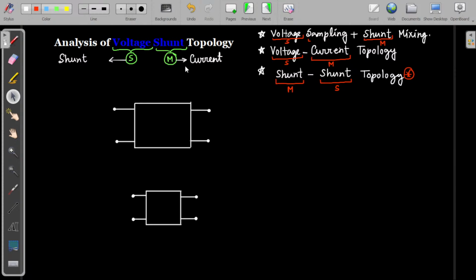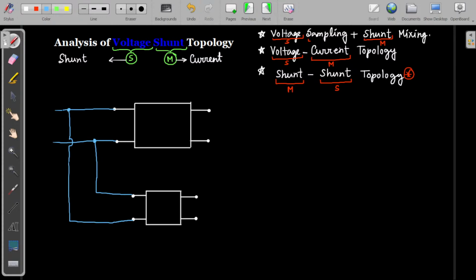So if shunt is mixing, this will be the line, and a line will come here. There will be a shunt connection. This one will be connected here and this one will be connected here.